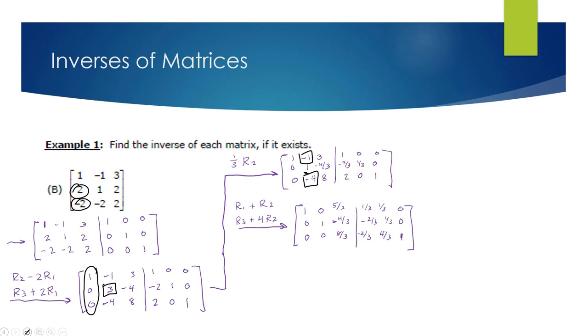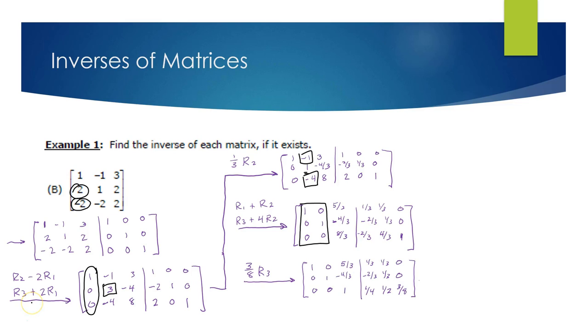So I have the 1s and 0s where they all need to be in the first 2 columns. And again, if I keep continuing the right way, those are not going to change anymore. This should remain static for the rest of the problem. I now want to make the 8/3 in the bottom right-hand corner on the left side into a 1, so I'm going to multiply row 3 by 3/8. 2/3 times 3/8 is 1/4, 4/3 times 3/8 is 1/2, and 1 times 3/8 is 3/8.